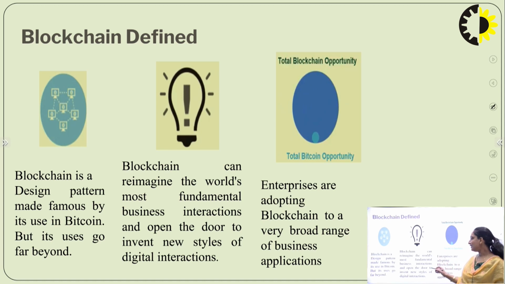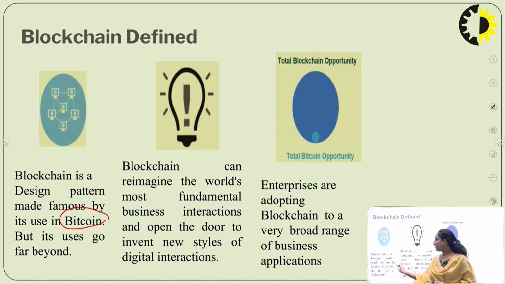So this is the scenario: we are using blockchain not only for Bitcoin, but for other applications also. We can use it in voting, and we are using it in the Aadhaar card also. When we make it a real world application, many things come out of the blockchain.